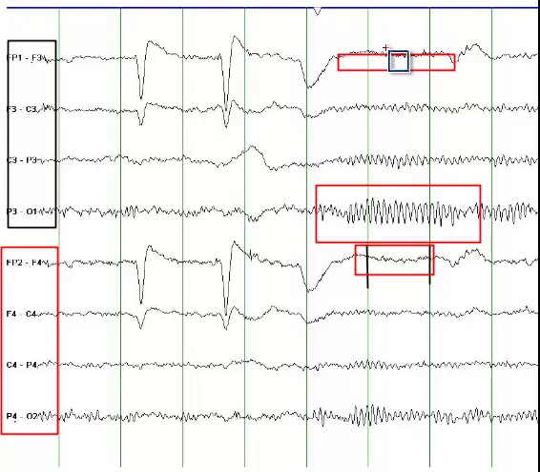Another feature of a normal alpha is that it is reactive to eye opening and closing. So what you see here, let me draw here. These are eye blink artifacts. I'll use a different color. These are eye blinks, and this is eye closure.